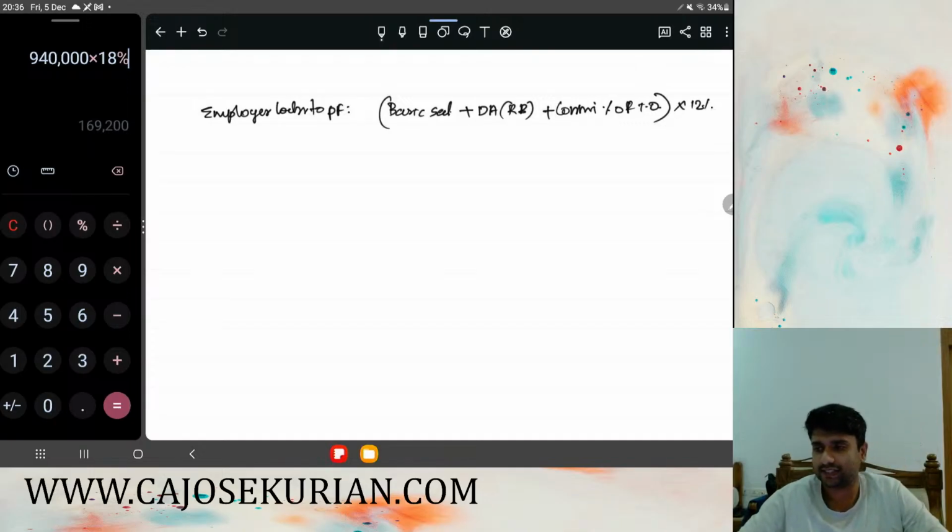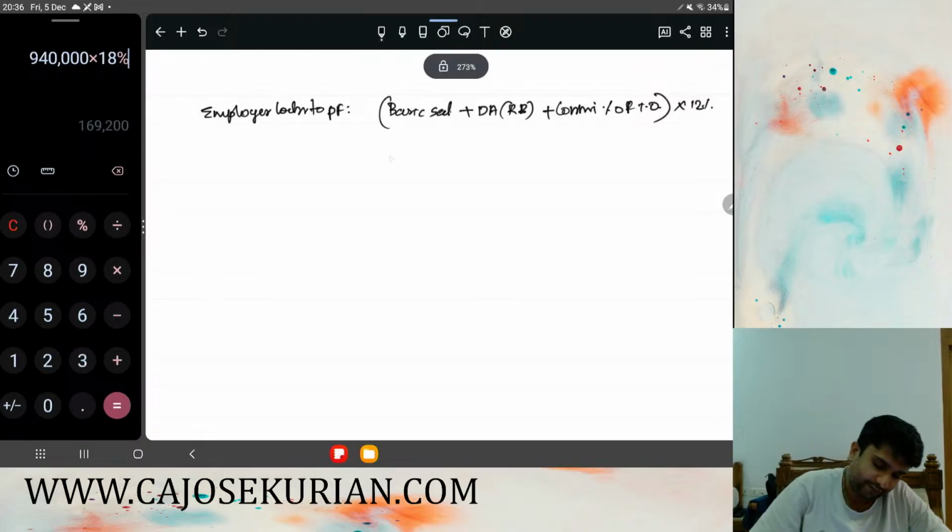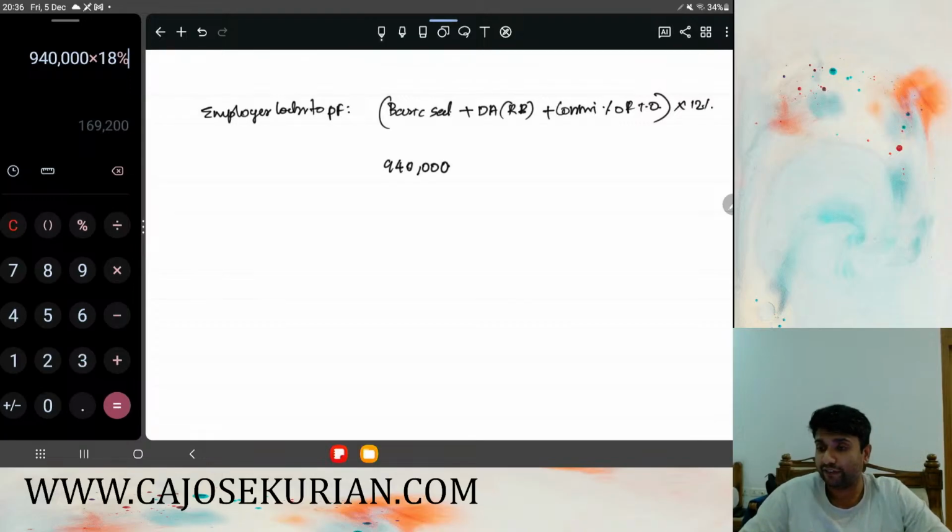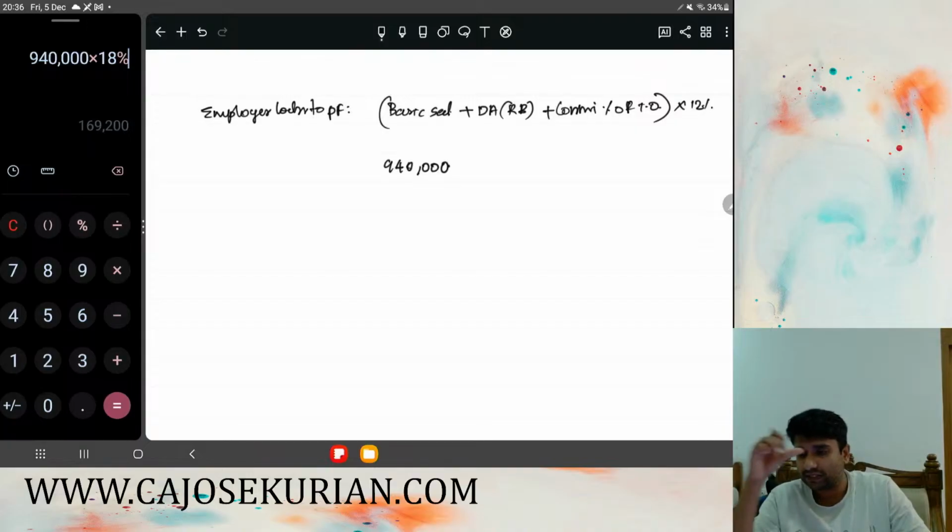So how much is the basic salary in this question? 9 lakh 40,000. Out of 9 lakh 40,000, they say half is DA. That is 4 lakh 70,000 is the DA, but they are clearly saying that dearness allowance is 50% of basic salary and 40% of DA forms part of the retirement benefit. So how much forms part of retirement benefit, that you should compute next.